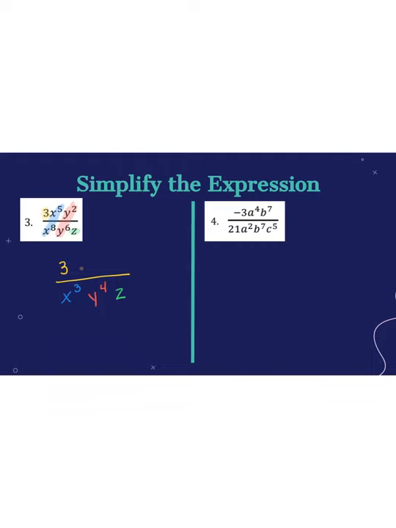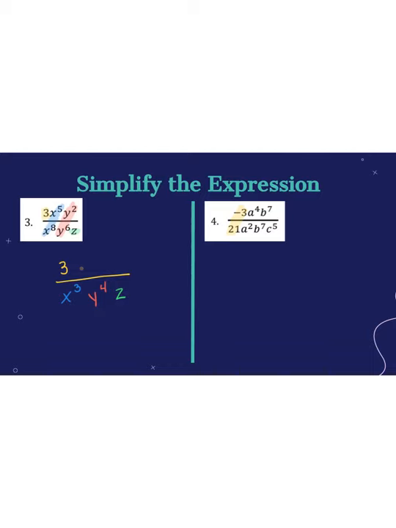Okay, looking at number 4, I have -3, a to the 4th, b to the 7th, over 21, a to the 2nd, b to the 7th, c to the 5th. Okay, so my first job is to look at those coefficients. I have a -3 and a 21.